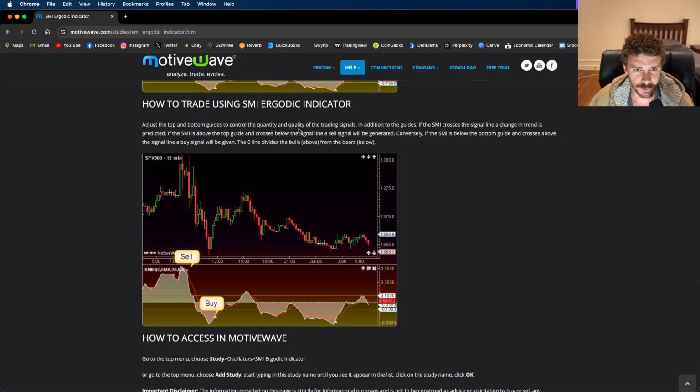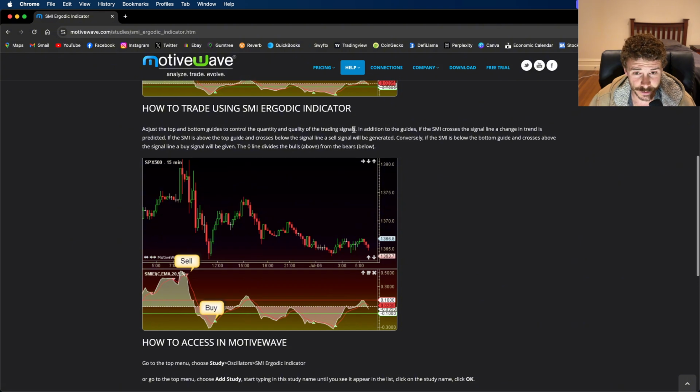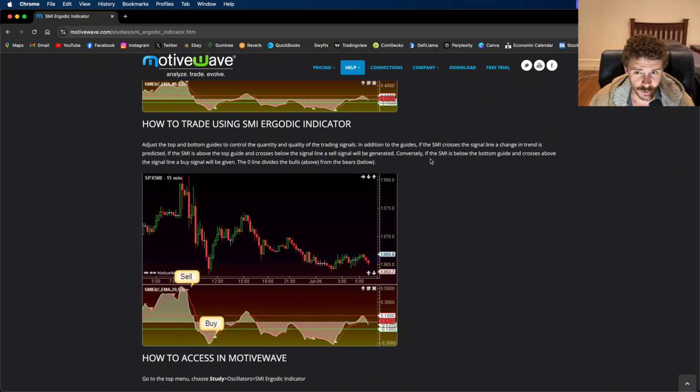Adjust the top and bottom guides to control the quantity and quality of the trading signals. In addition to the guides, the SMI crosses the signal line. A change in trend is predicted. Okay, so it says here you sell when it crosses and a buy when this white level here crosses above the red level. Okay, so that just tells you roughly if you want to use it as a trading indicator.